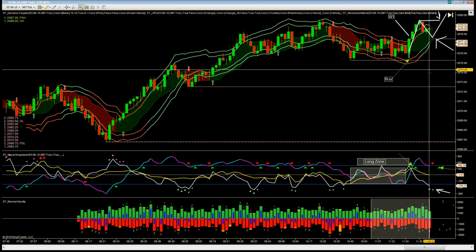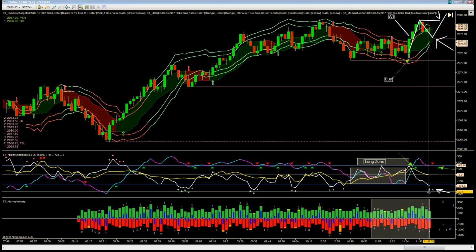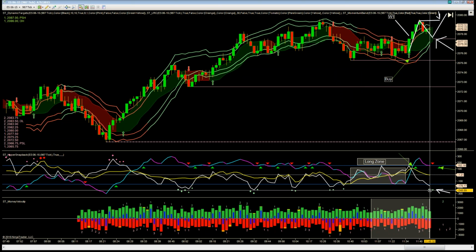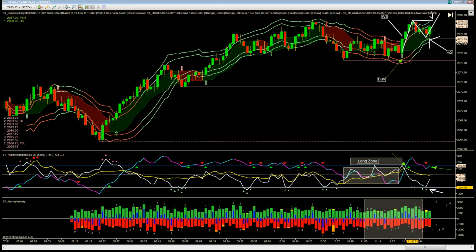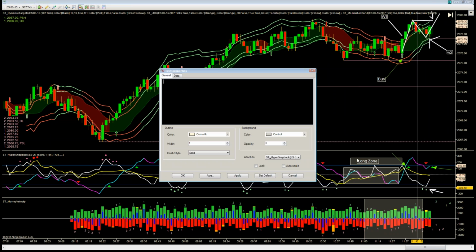So the money velocity is very important because it can tell you, for example, as we're developing this white snapback, and I'll just abbreviate so we know it's a snapback up. Let's go snap back up, SPU.